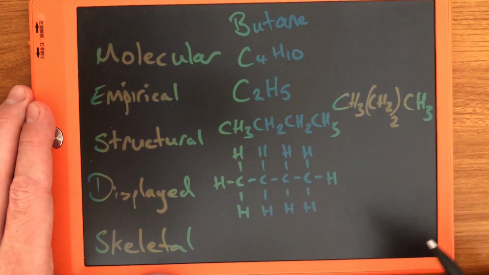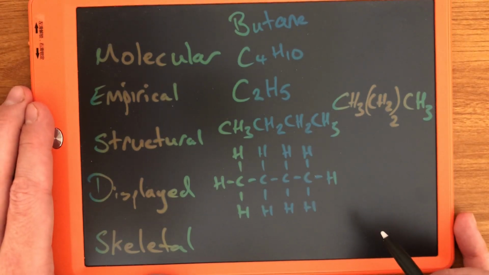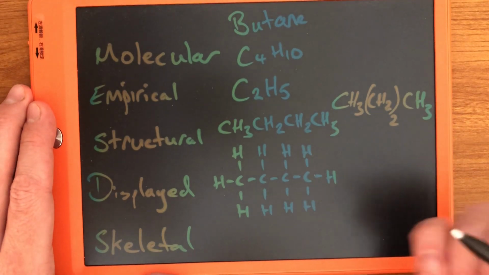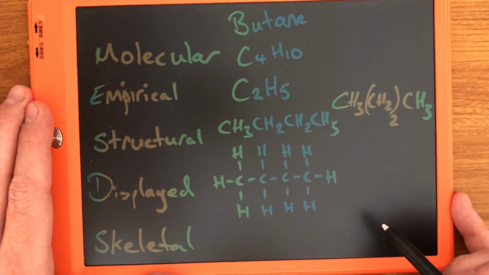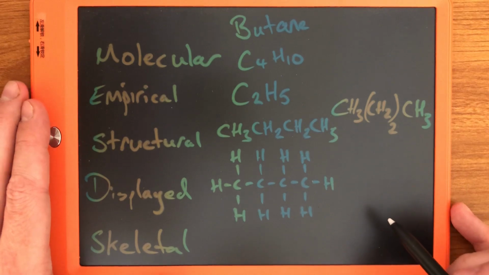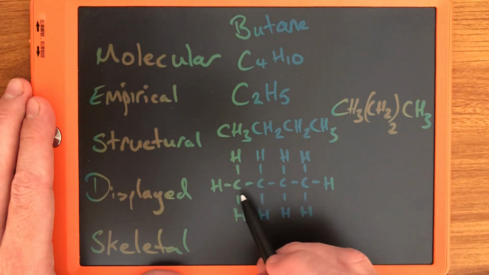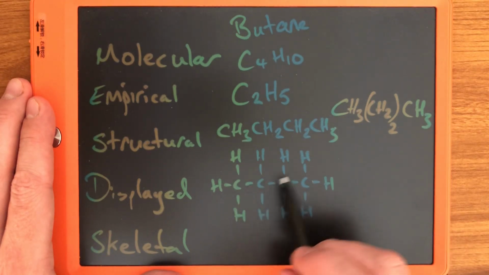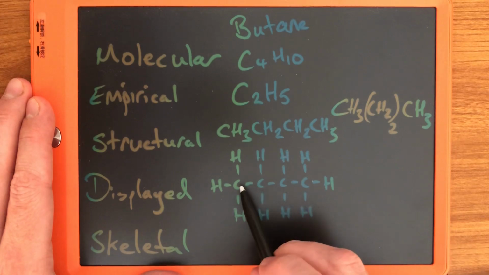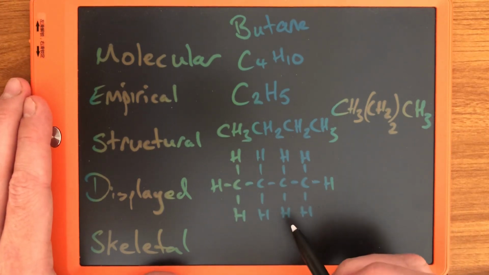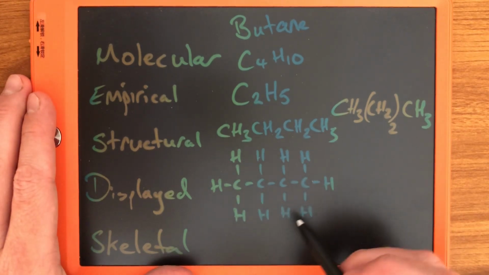Now the skeletal formula is probably the most tricky one that people find to learn, but it's one that you will have to use quite often in exams, especially when the molecules get a bit bigger. Now with the skeletal formulae, you draw a similar formula to this. However, you remove the carbons and all the hydrogens that are attached to the carbons.